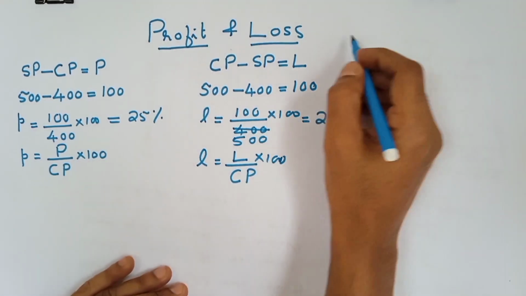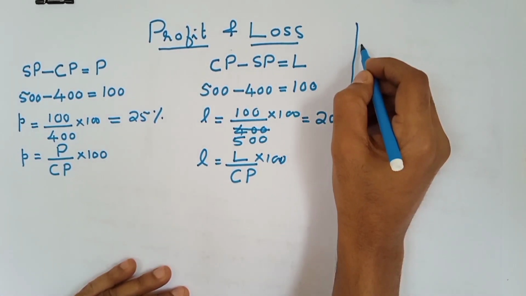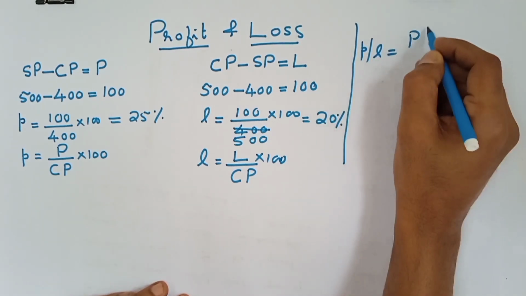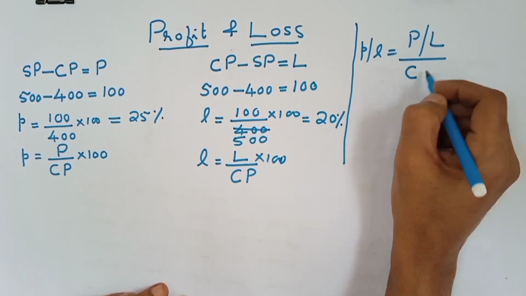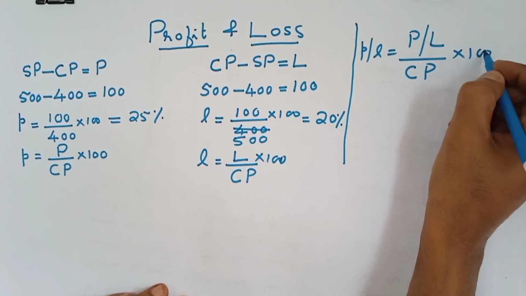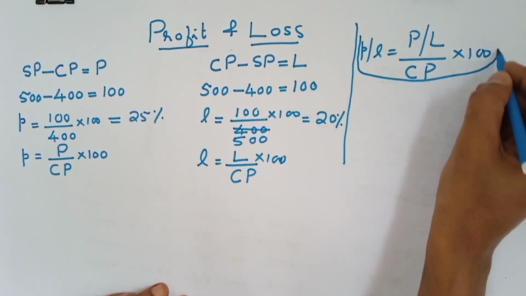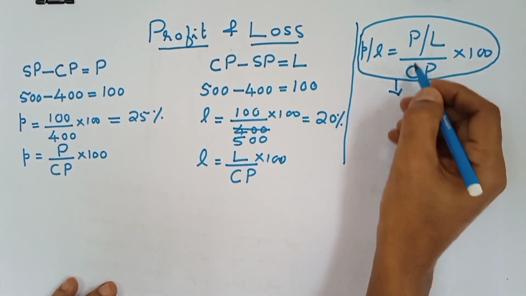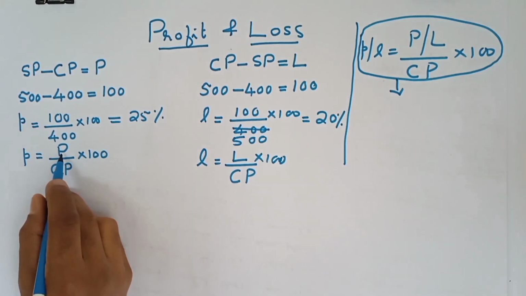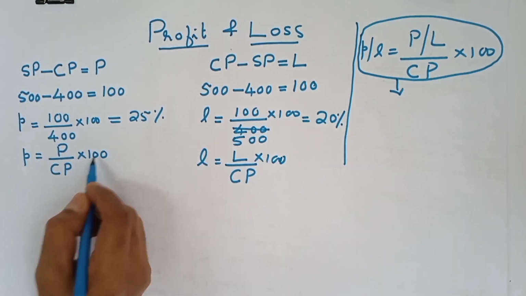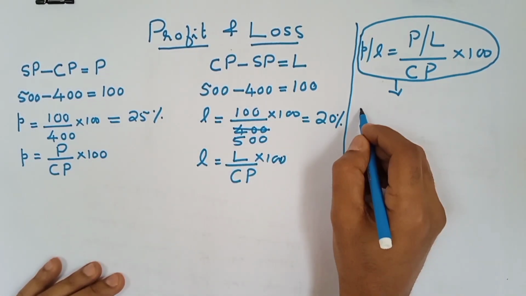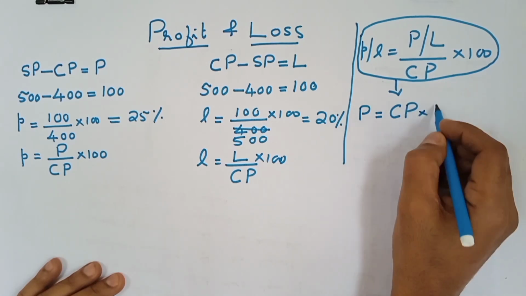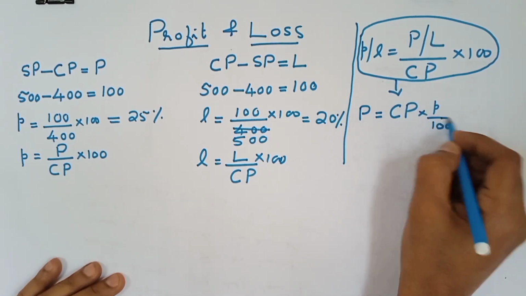So these two I can combine together and write like this. Profit or loss percentage is absolute profit or absolute loss divided by CP into 100. Keep in mind this point. It will help you a lot. Now from this, keeping P here, if you take the other two, 100 and CP, to the left side, you will get CP into p by 100.